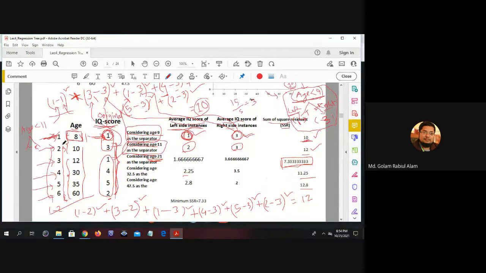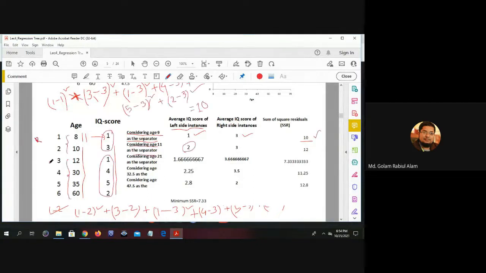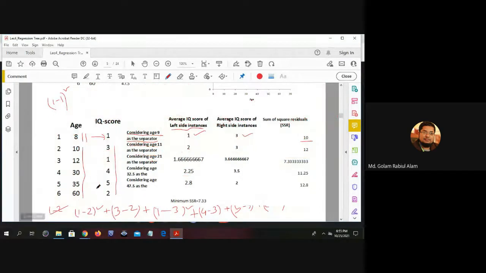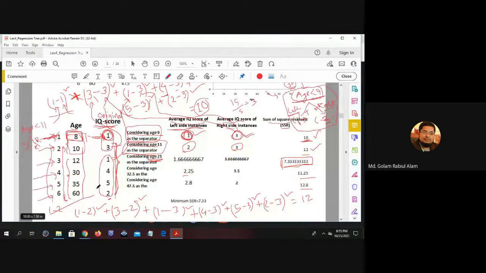In the left side, where the age is less than 11, we will get these two, 8 and 10, and in the right side we will get all the other ages.